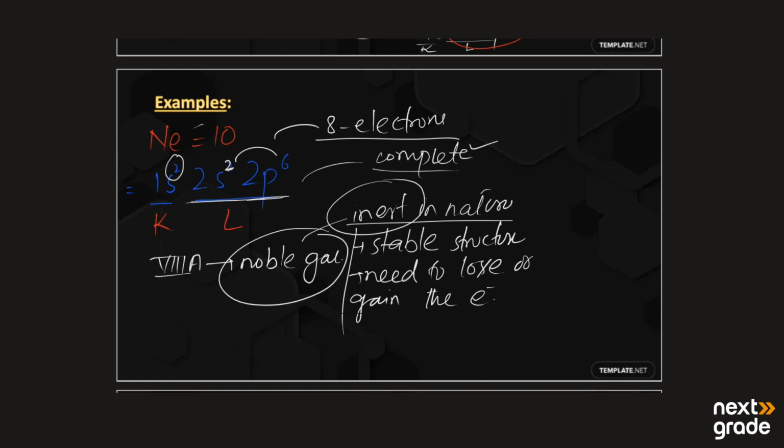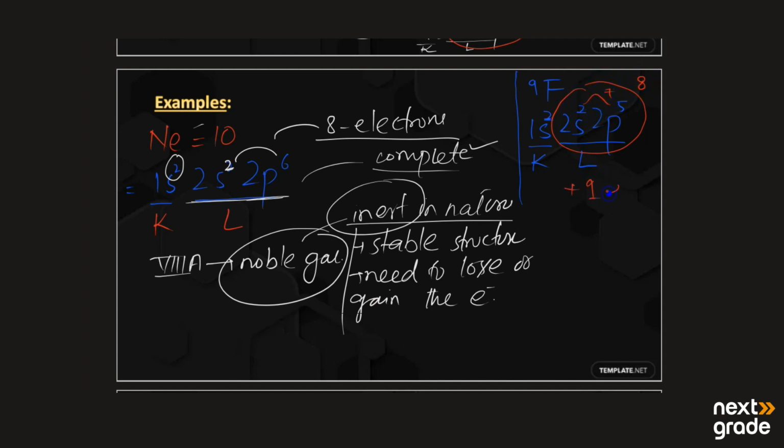Next we have the example of fluorine. Its atomic number is 9. Its electronic configuration is 1s2, 2s2, 2p5. That is 2 electrons in the first shell and 7 electrons in the second shell. To complete its octet, it requires a total of 8 electrons in the valence shell, but it has 7.